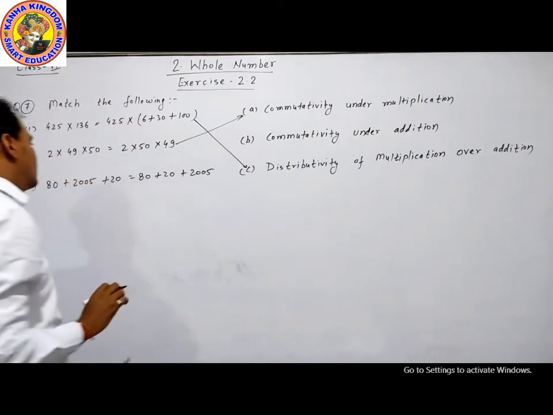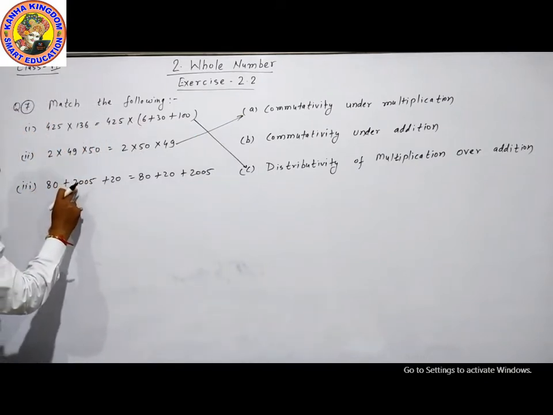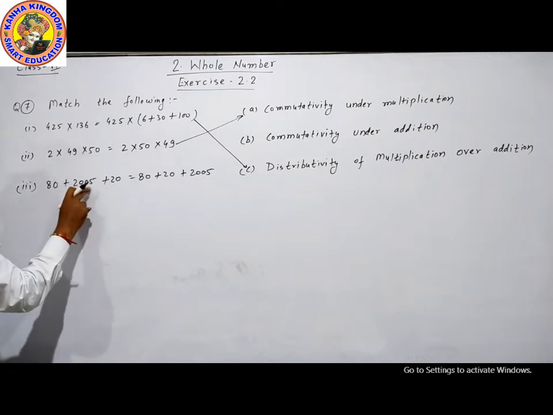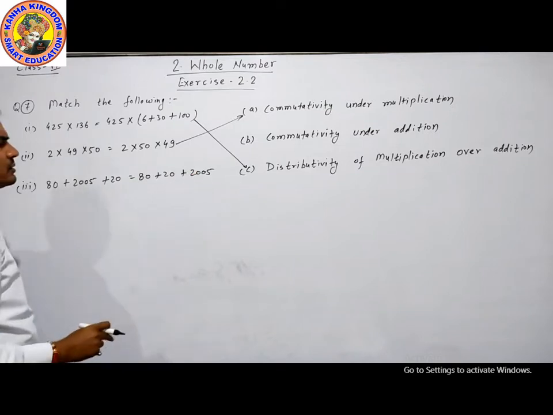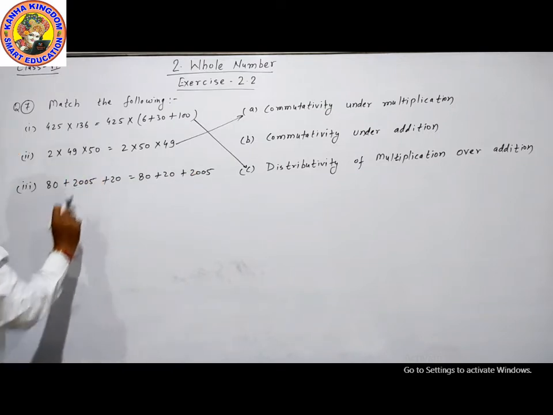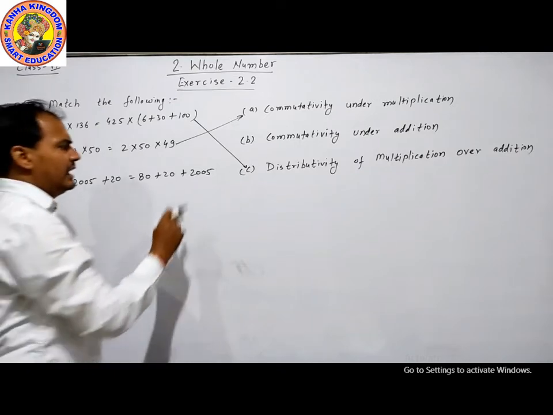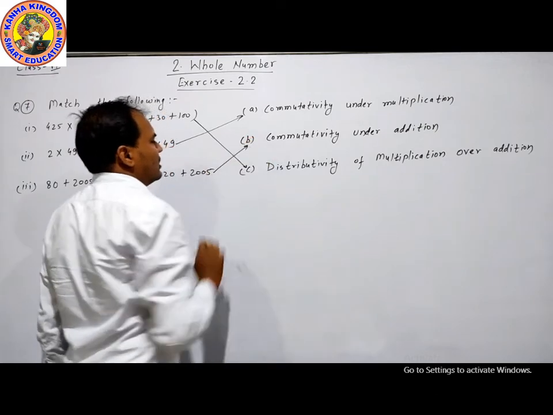This is our answer. 80 plus 2005 plus 20, 80 plus 20 plus 2005, we are changing the order of numbers in addition, commutativity under addition. So this is our answer.